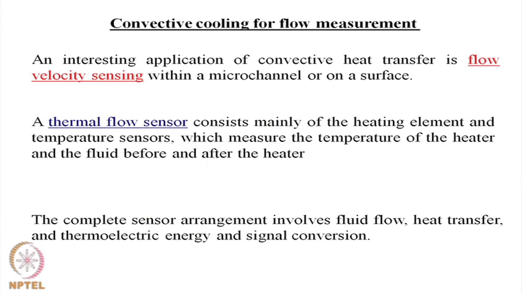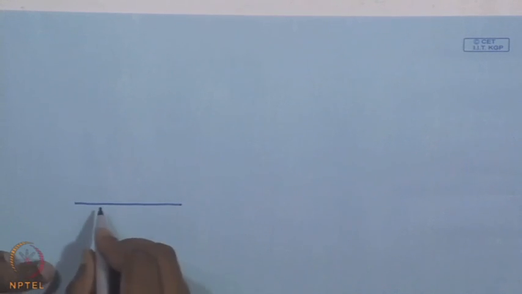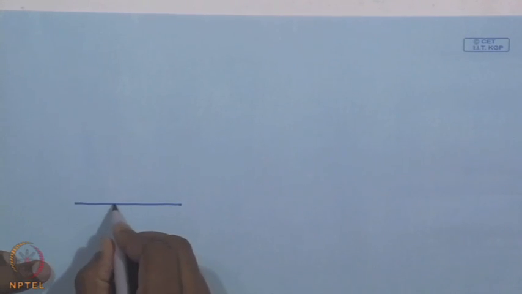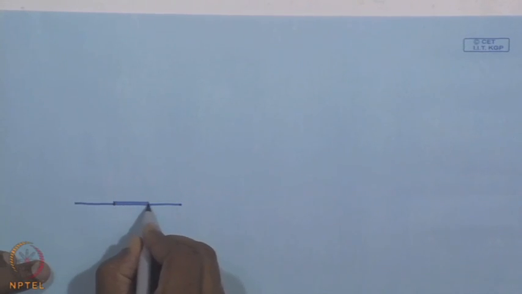So, what we are going to look at is the construction of a thermal flow sensor, which consists mainly of the heating element and temperature sensors that measure the temperature of the heater and the fluid before and after the heater. So, let us say what we have in this case is a heater embedded into a solid.